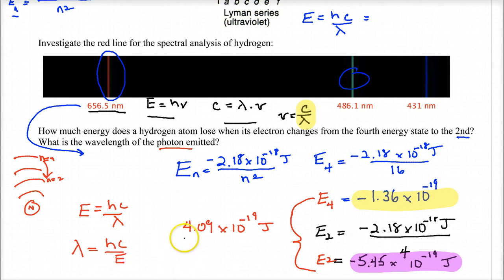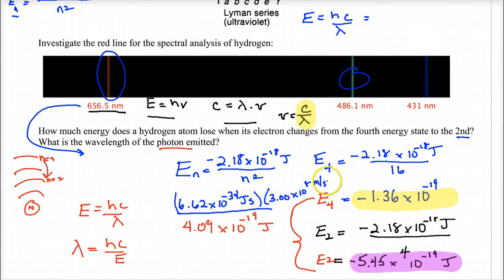So I have the energy, and now I take Planck's constant, which is 6.62 times 10 to the negative 34 joule seconds, times the speed of light, 3.00 times 10 to the 8 meters per second.